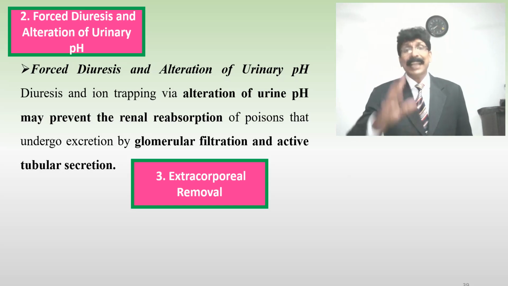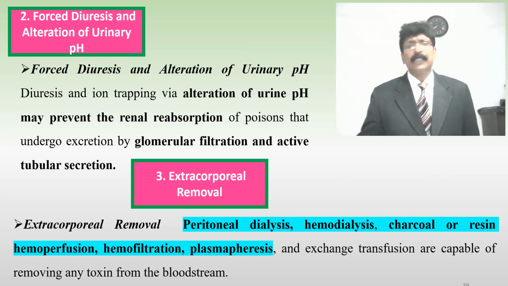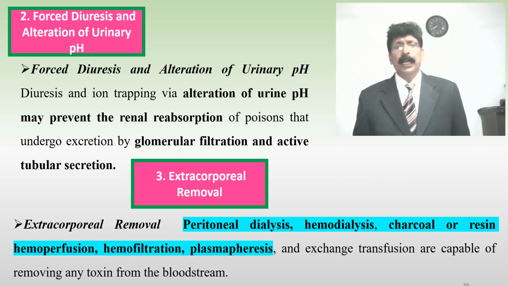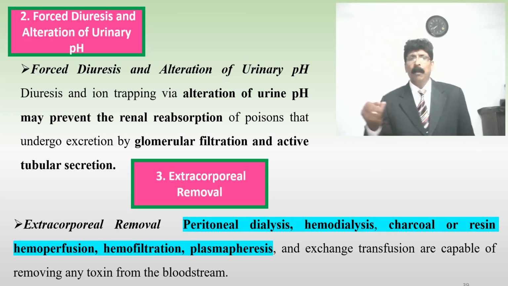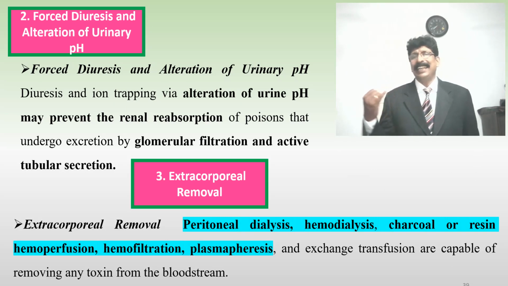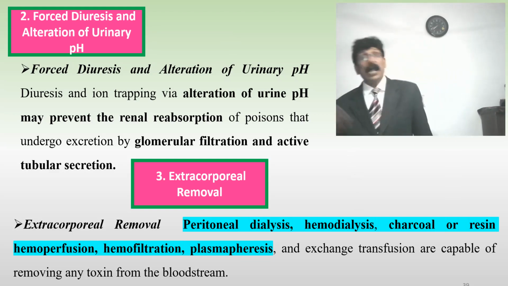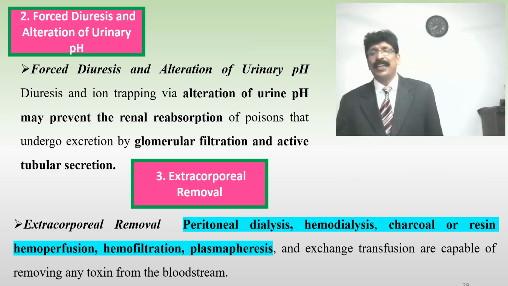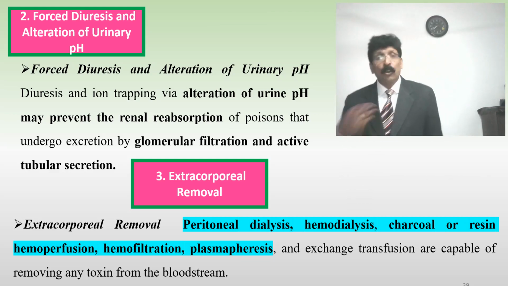Number 3, extracorporeal removal. As we have discussed, extracorporeal removal like peritoneal dialysis, hemodialysis, charcoal or resin hemoperfusion, hemofiltration, plasmapheresis, and exchange transfusion is capable of removing toxins from the bloodstream.